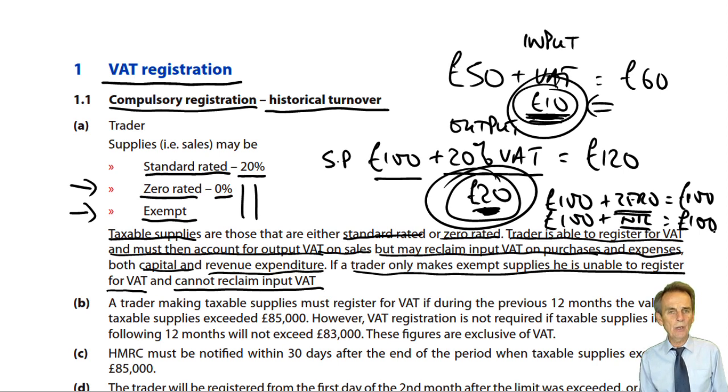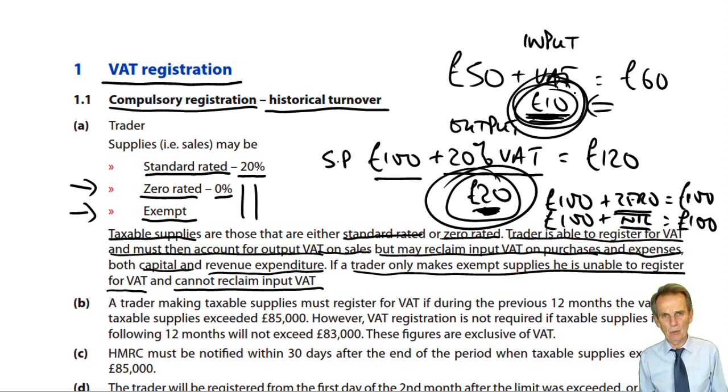But if these are the only supplies that we make, again, exempt supplies, then you cannot even register for VAT. And if we cannot register for VAT, then we cannot recover input VAT. Input VAT that we've suffered here is £10.